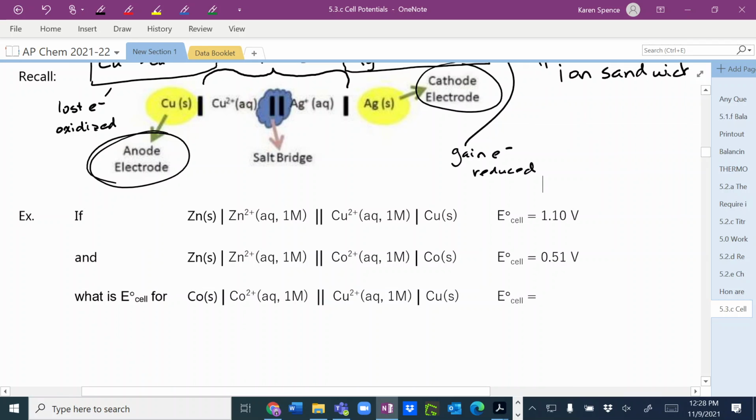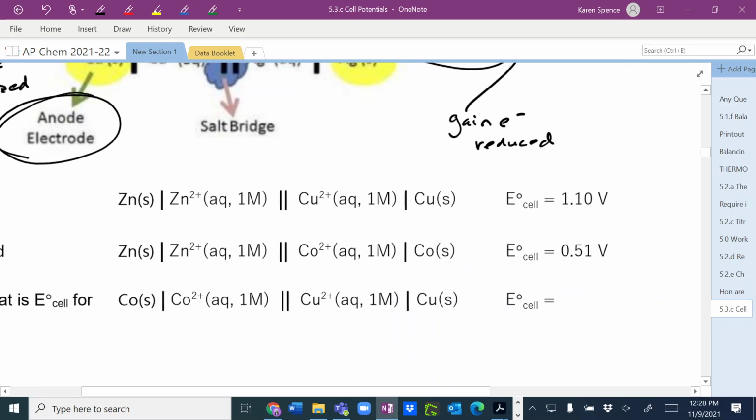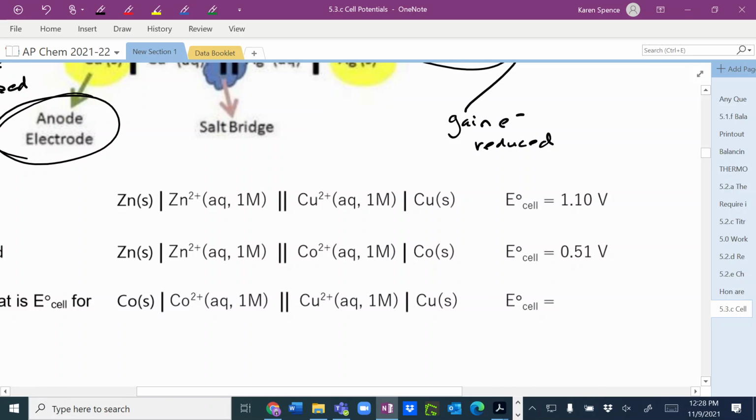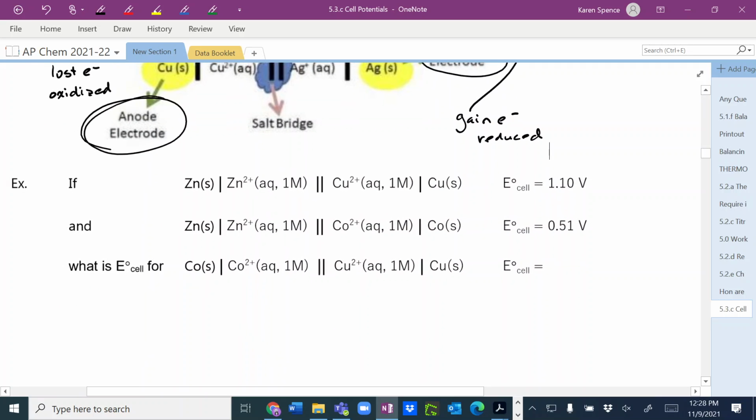So we can play a few little games with this, and I'll have some more for you next week. I didn't manage to get more together today. If we know that the potential of a cell that involves zinc and copper is 1.10 volts, and if we know that zinc and cobalt is 0.51 volts, can we figure out the potential of a cobalt copper cell?